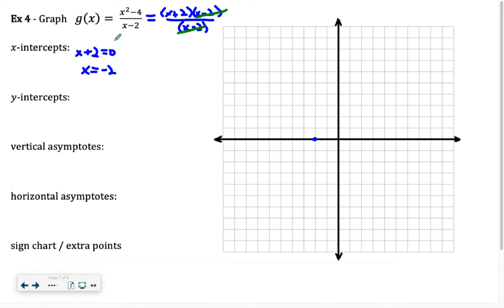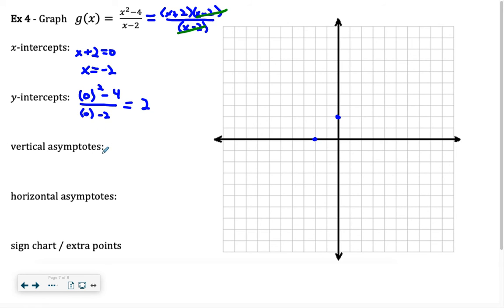Y-intercepts, well, that's plugging 0 in for x, so that'll be 0 squared minus 4 over 0 minus 2, so -4 over -2 would just be +2. Now, vertical and horizontal asymptotes. Well, what happens right here, I was able to cancel out a factor of x minus 2.